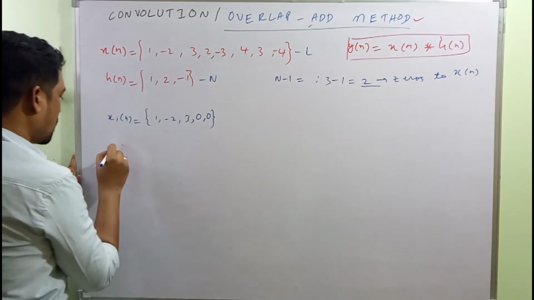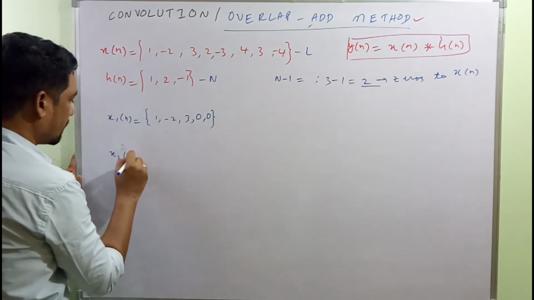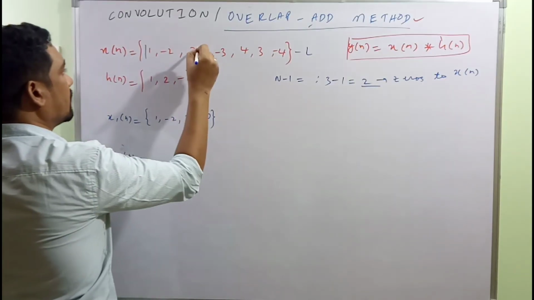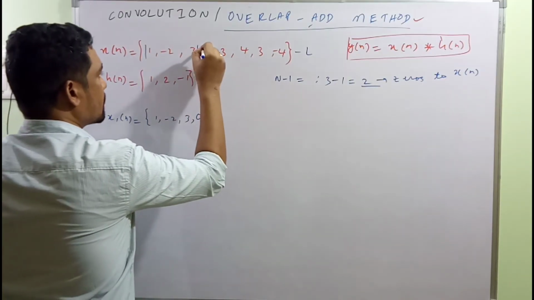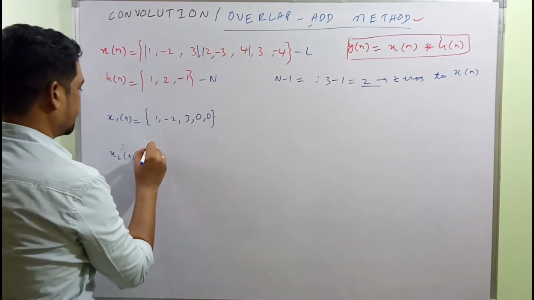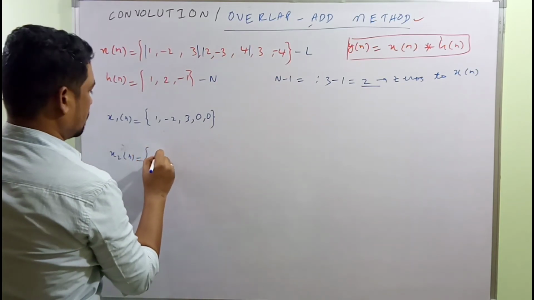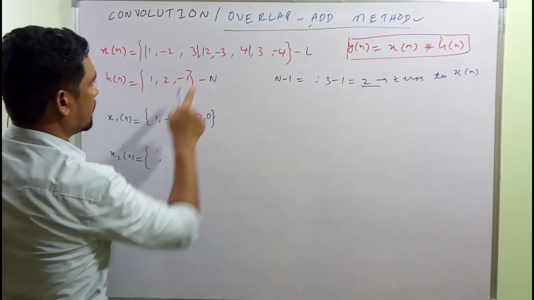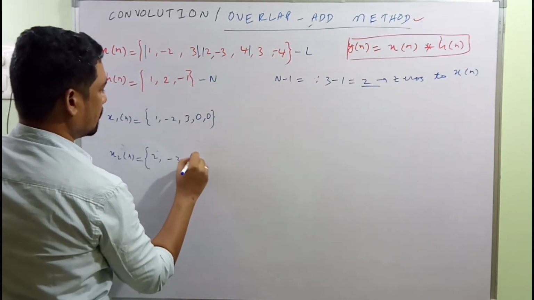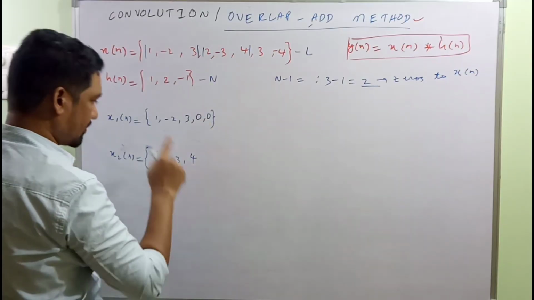What will be x2 of n? We are done with the first block. The next sequence will contain the next data, which is 2, minus 3, 4 from x of n, and this is incomplete.